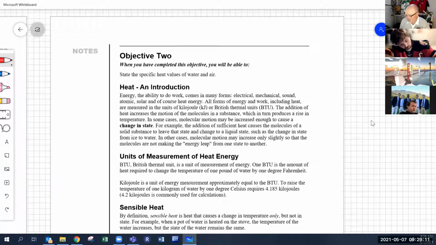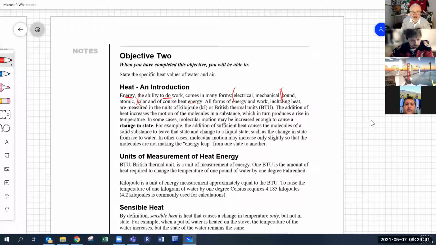So now that brings us to objective 2. It says in here we're going to state the specific heat values of water and air. So listen, the introduction to heat says energy is the ability to do work, and it comes in many forms: electrical, mechanical, sound, atomic, solar, and of course, heat energy.